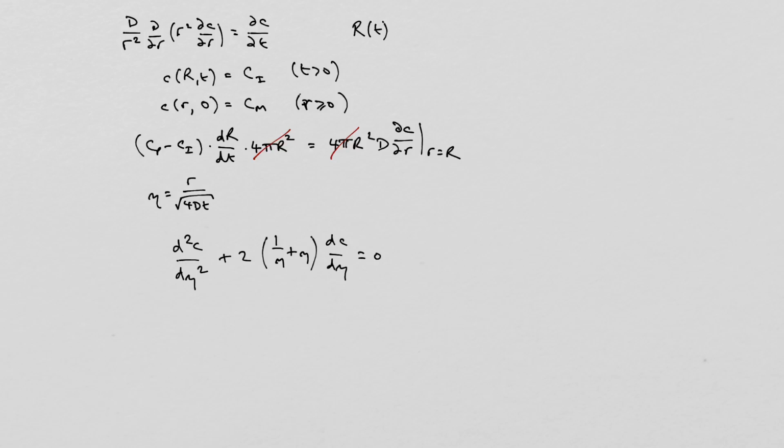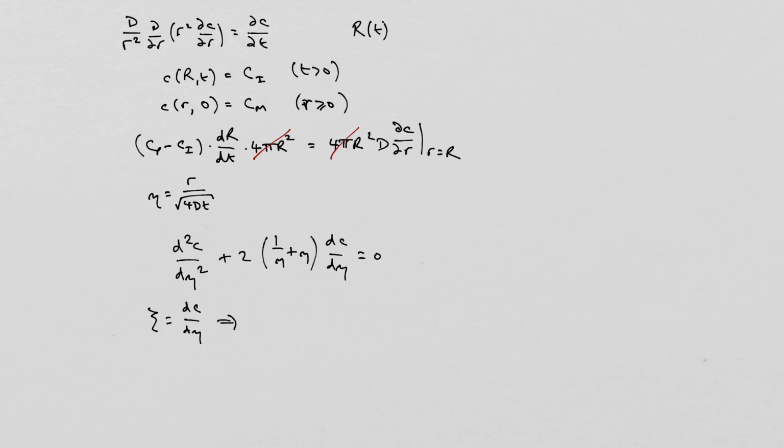It's almost the same as before, but you have this pesky 1 over eta in here, and this has arisen because of all of these r squareds and 1 over r squareds there. I think the stuff is available to deal with that online, but again, it is still only effectively a first order differential equation you're having to solve here.